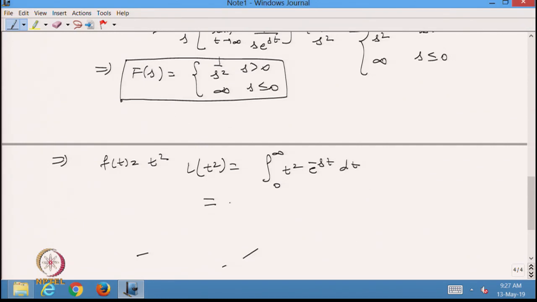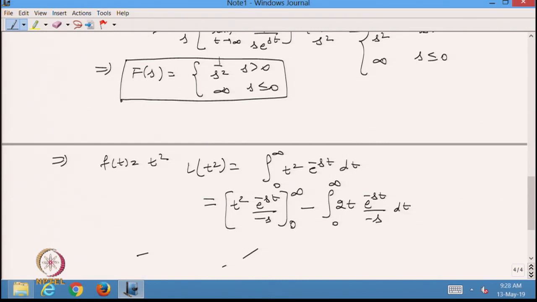So, it is t square e raised to power minus s t by minus s, from 0 to infinity. This becomes 0 minus, then I take the integration and it will be 2t, and then e raised to power minus s t over minus s dt.